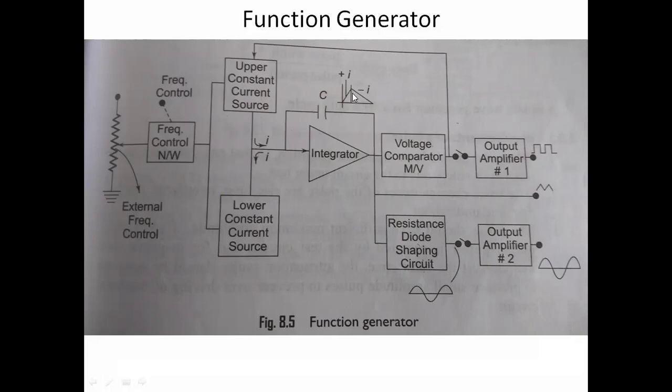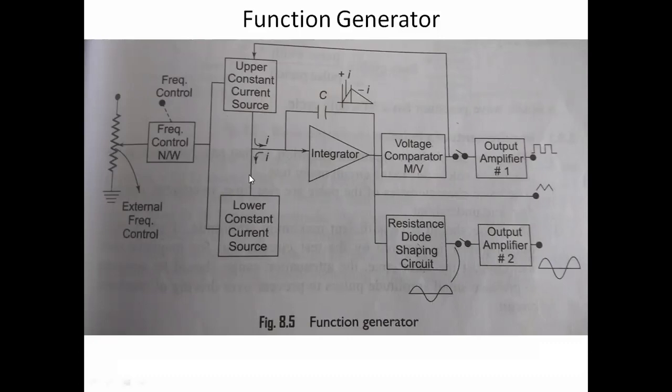That is nothing but discharging of the capacitance. Whenever the output voltage reaches a predetermined minimum value, those limit values are set in this voltage comparator multivibrator. In it, a predetermined maximum value and a predetermined minimum value are arranged.